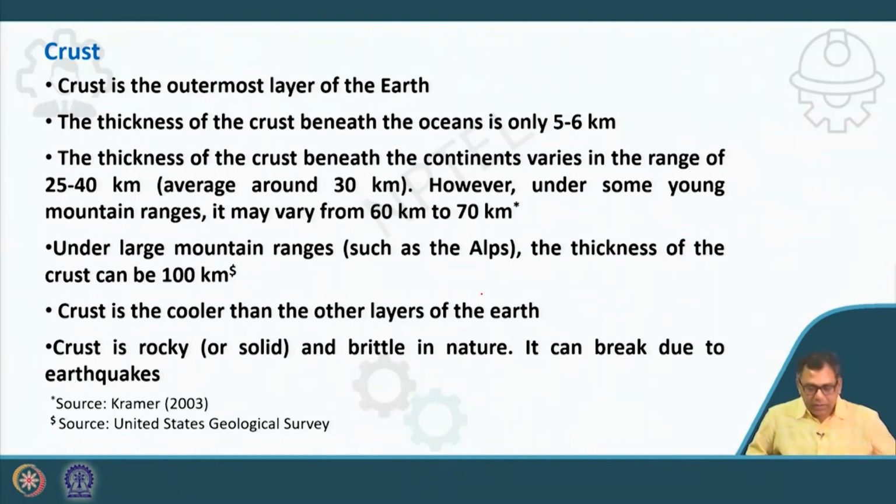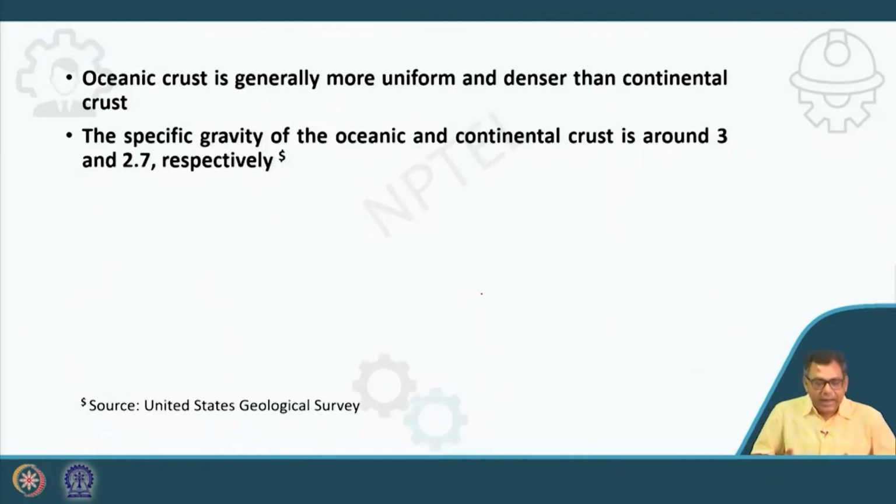Okay, so now the next part is that the oceanic crust is thinner than the continental crust. So oceanic crust is generally more uniform and denser than the continental crust.